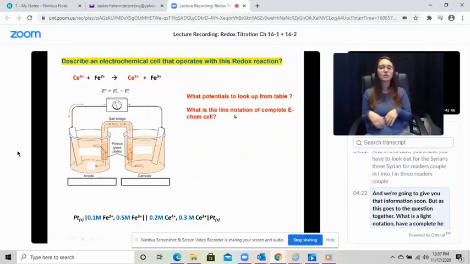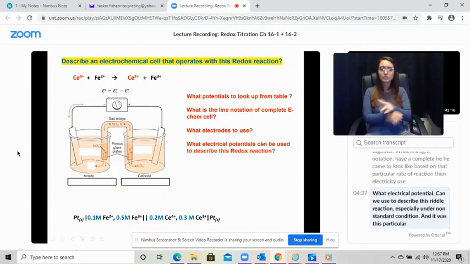What is the line notation of a complete electrochemical cell based on that particular redox reaction? Then what electrode to use? What electrical potential can we use to describe this redox reaction, especially under non-standard conditions?